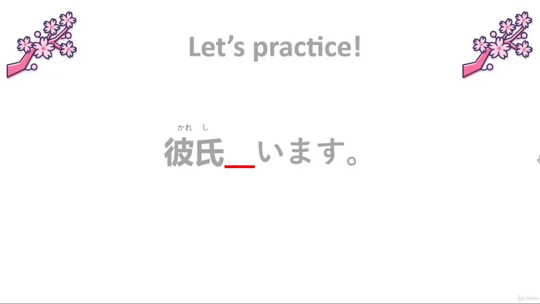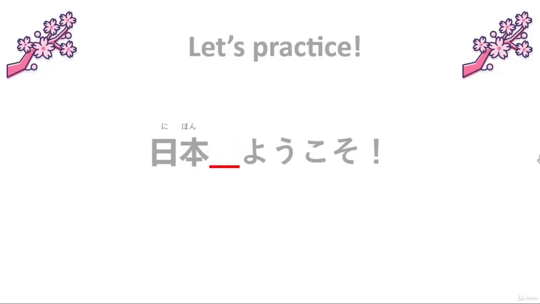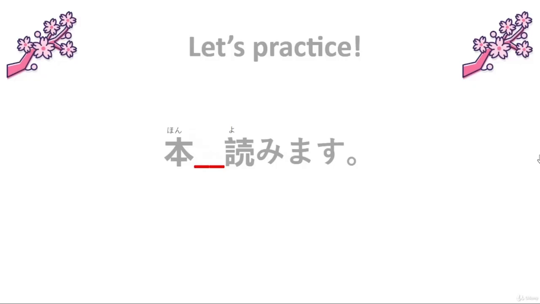彼氏います。Boyfriend exists or I have a boyfriend. What particle do we always use with existence? 彼氏がいます。Very good. 日本ようこそ。Welcome to Japan. What particle can we use here? 日本へようこそ。Very good. 本読みます。Book will read.